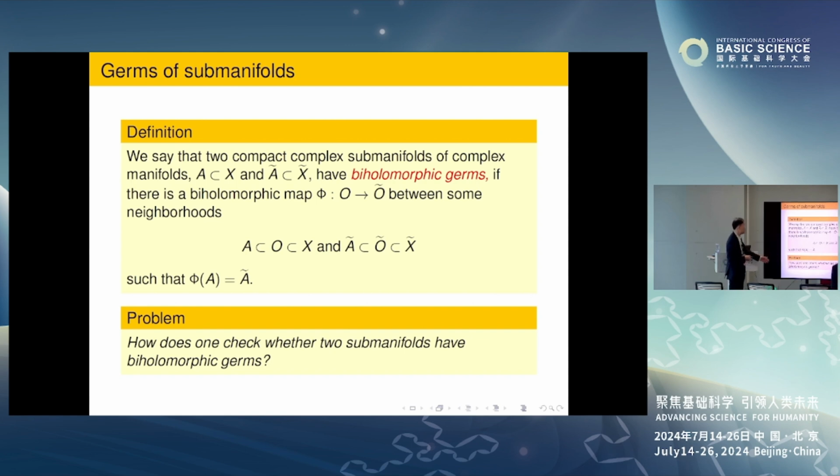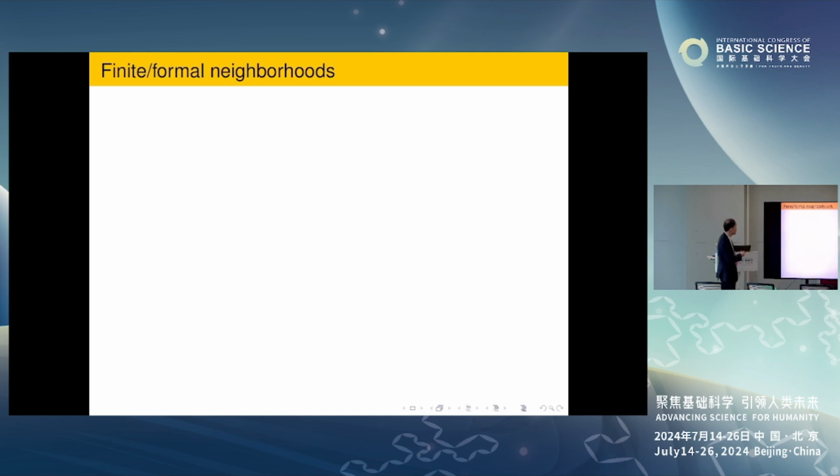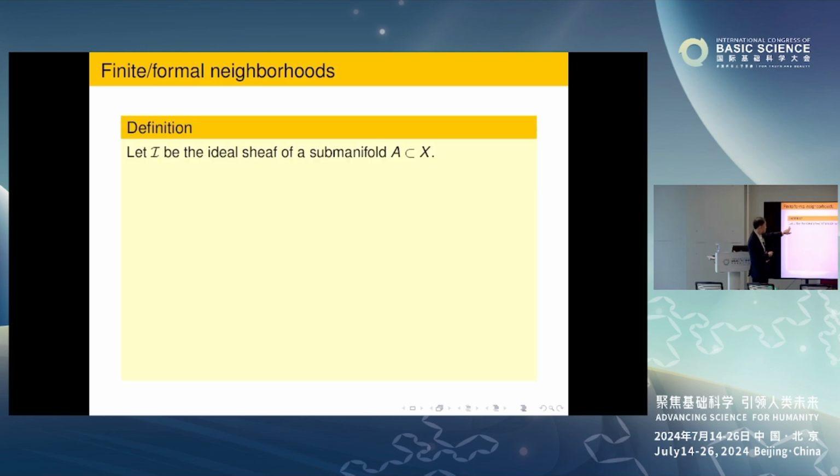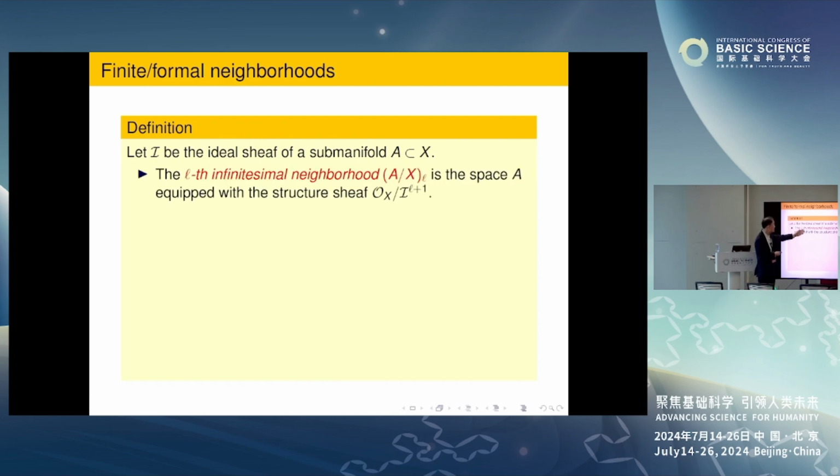So people try to find a more calculable method of checking this. And that's the concept of finite and formal neighborhood. Let's consider the ideal sheaf I of the submanifold. Then we define the infinitesimal neighborhood, or finite order neighborhood.